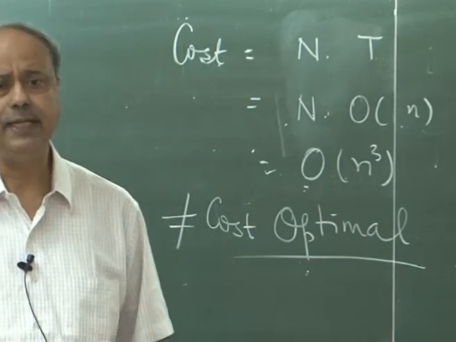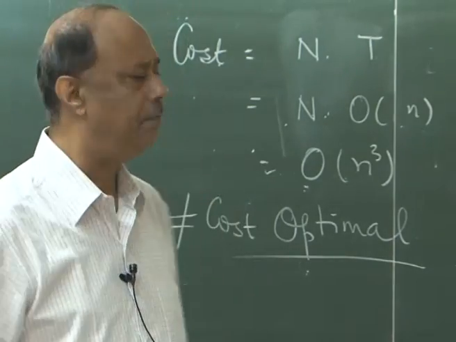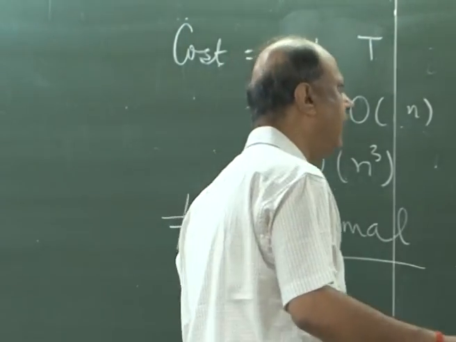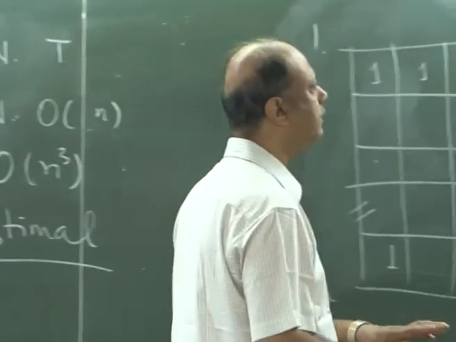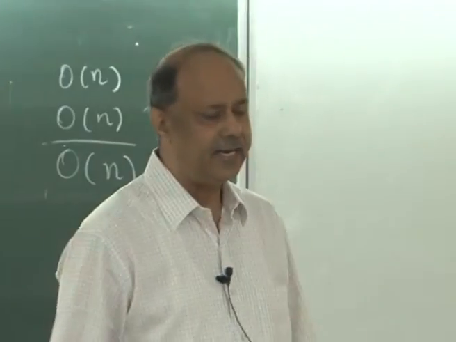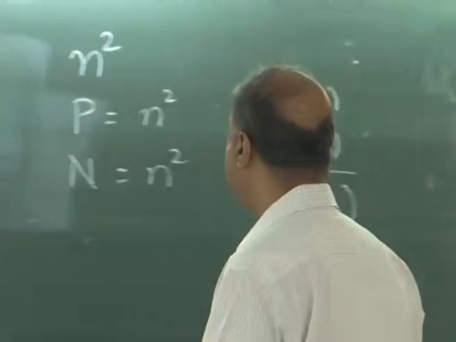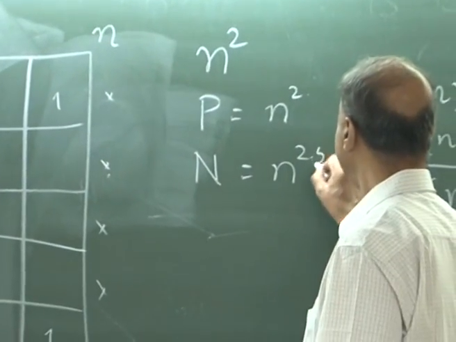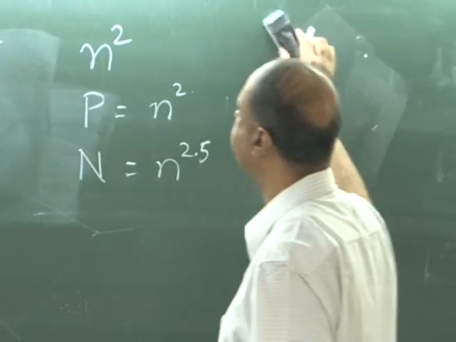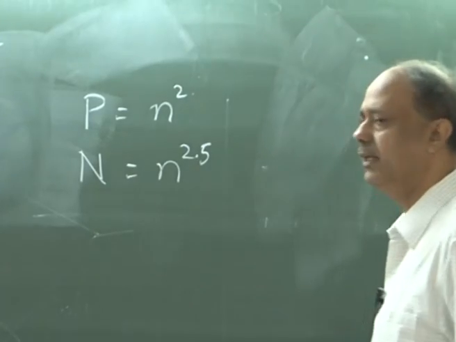So, can we obtain cost optimal parallel algorithms? Before doing that, let us assume that I have n to the power 2.5 number of elements.